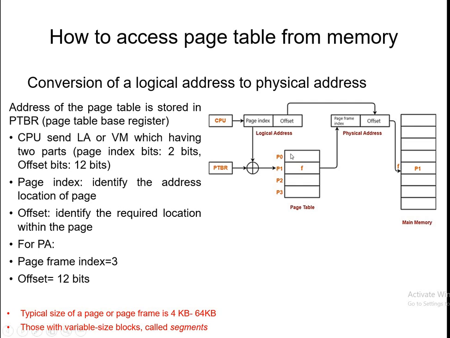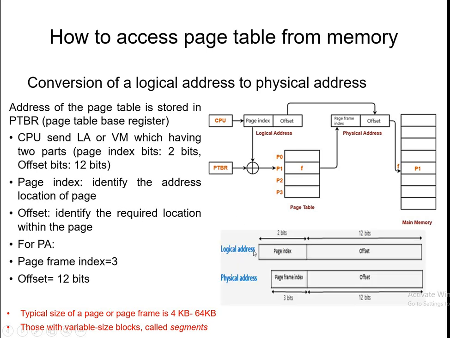Here we have considered that there are 4 pages in the page table. So the number of bits required to define the page index will be 2 bits. The total number of bits required for the logical address, which is the address generated by the CPU, will be 14 bits.